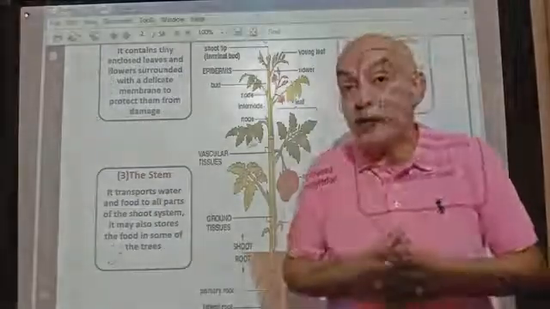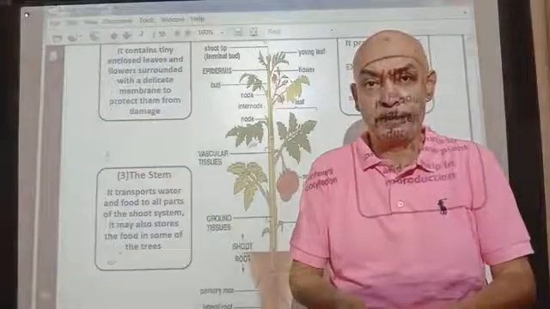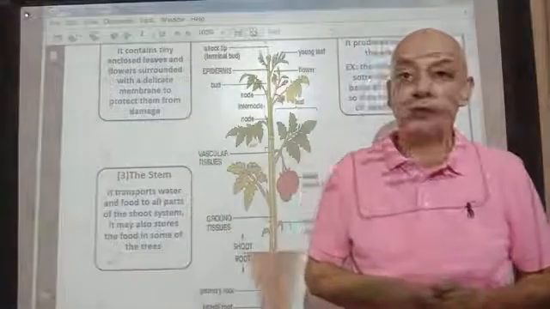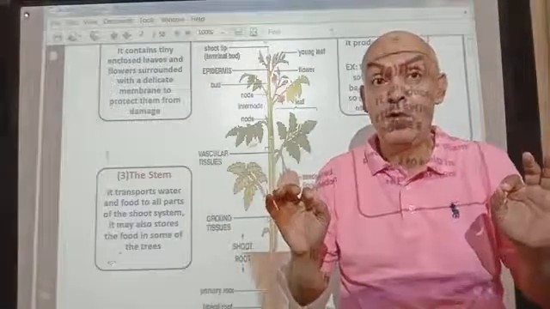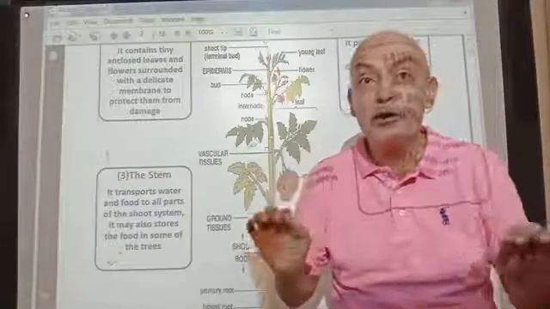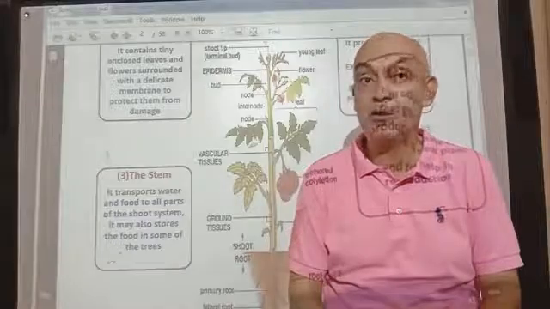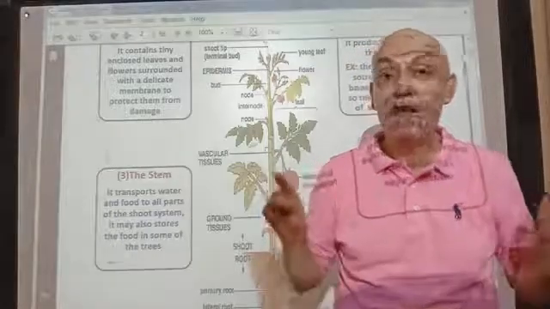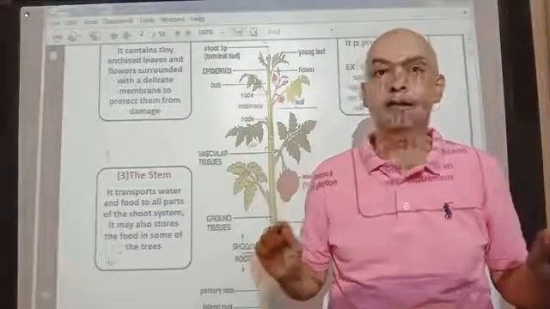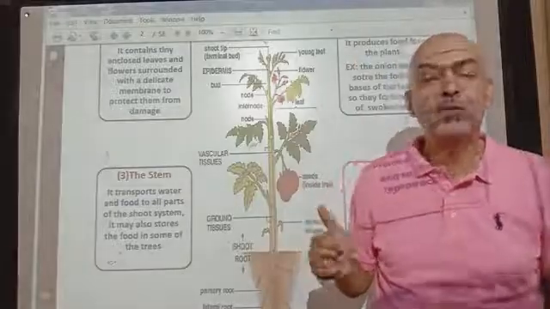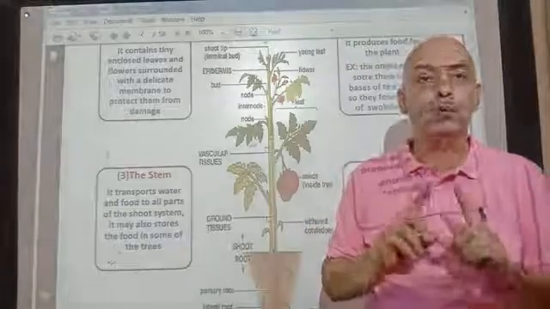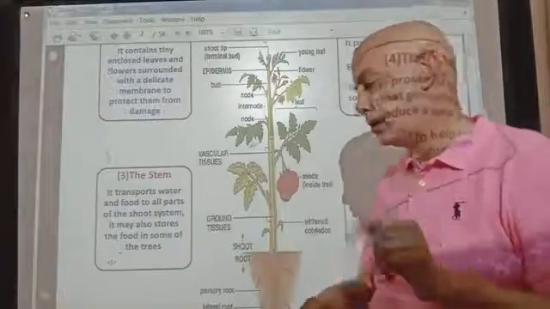And even if you supply the plant with carbon dioxide and water and put the plant for a long time in a dark room, the plants will not make the photosynthesis process due to the absence of sunlight. That's why they are called conditions. If one of these conditions is absent, the plants will not make the photosynthesis process.